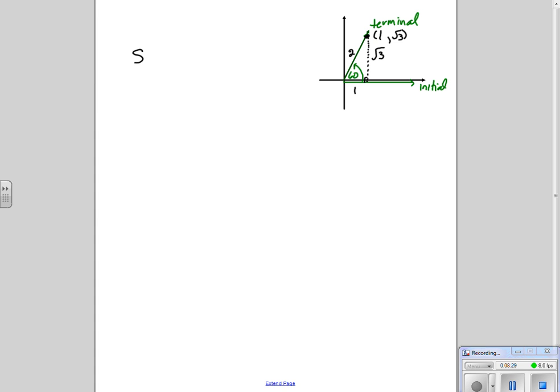So sine of 60 degrees, we said on the last slide, was y over r, is root 3 over 2. Is it true that the sine of 60 degrees is root 3 over 2? Yes, if you look at your chart, it is.